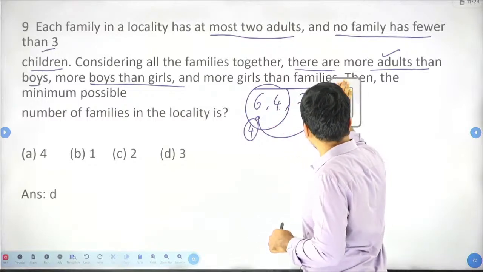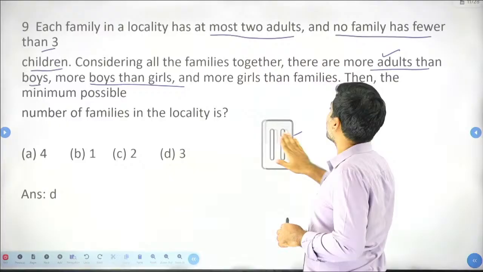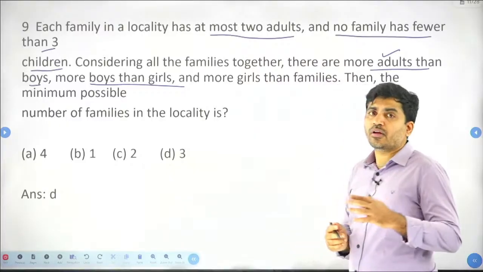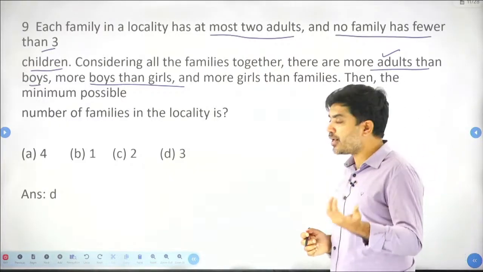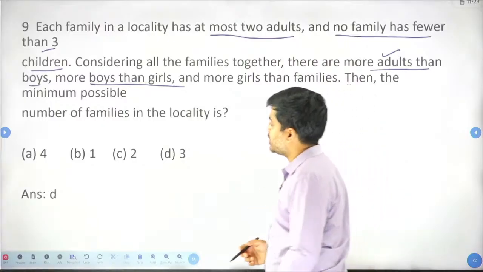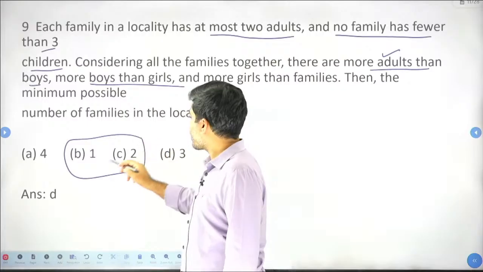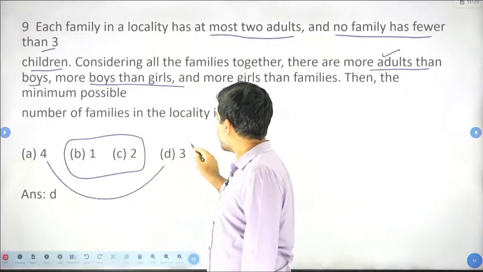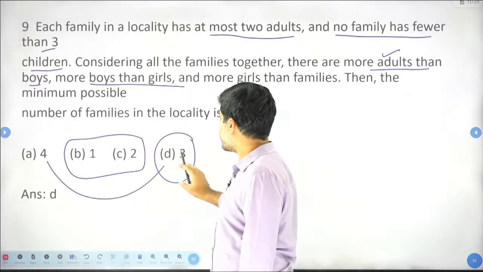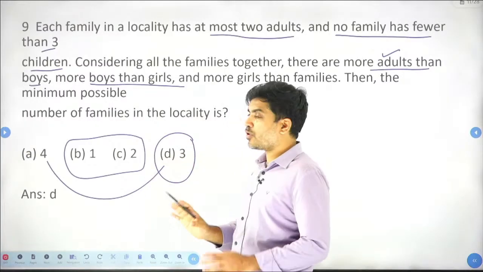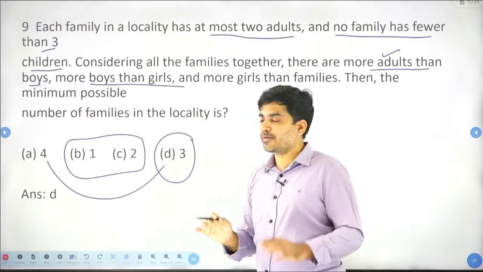So, number of families 2 is not correct. We have to take the values from the options, especially this 192 no use. Out of 4 and 3, 3 is the least one. I am not saying this is the answer directly, we have to check.